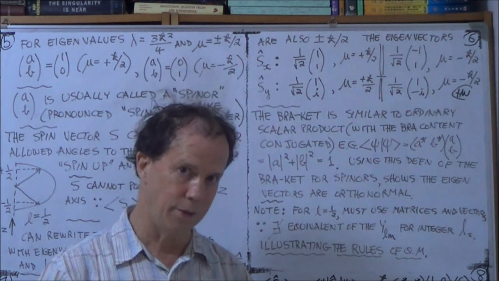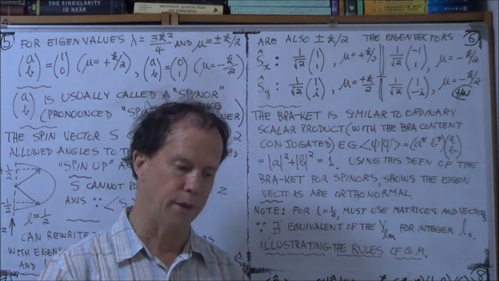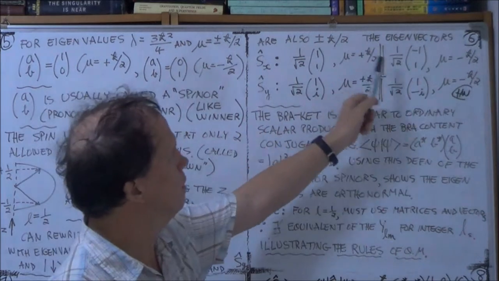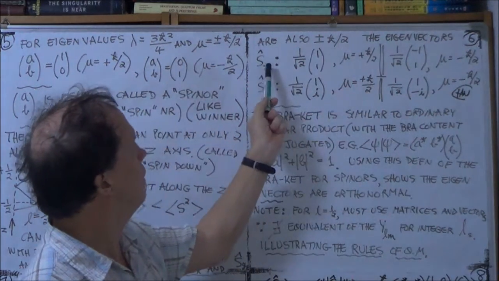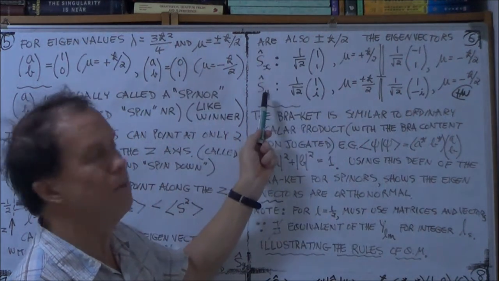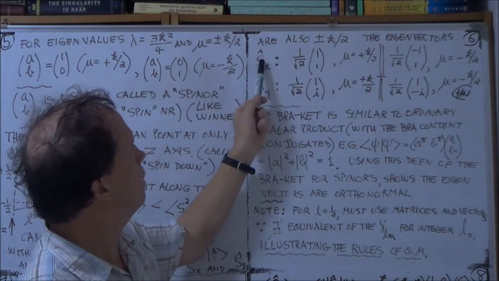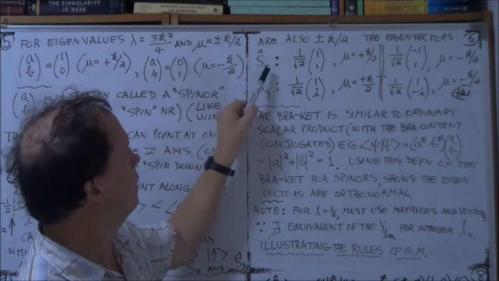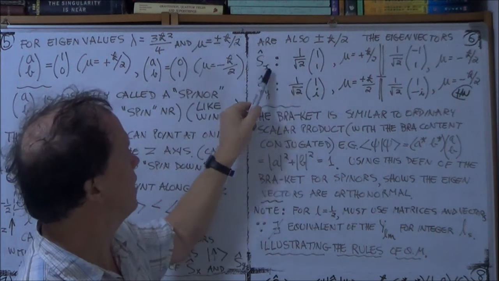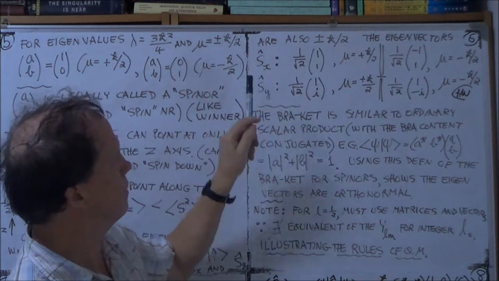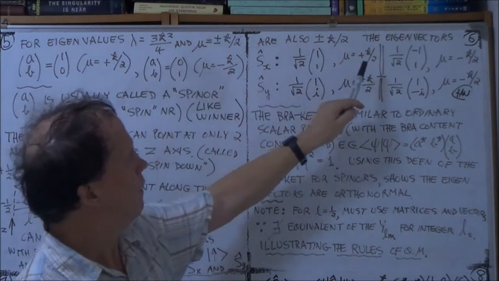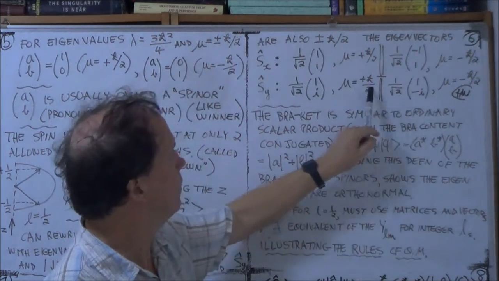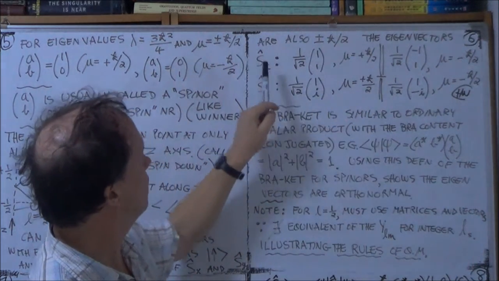You can solve them readily for the eigenfunctions and the eigenvalues, and you find the eigenvalues come out to be plus or minus h over 2 for both S of x and S of y.